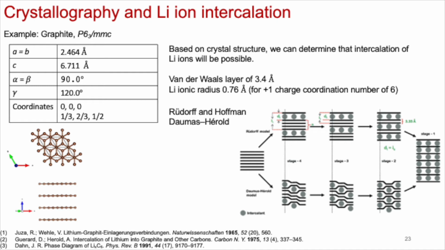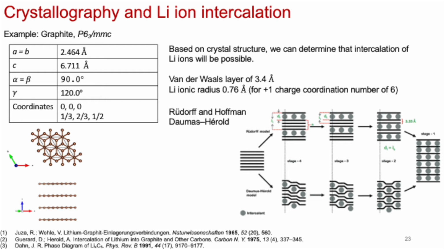But that's all to say, regardless of which model you follow, eventually you get to full insertion of LiC6, but along the way there are different stages. So there's a model that says, okay, well, the ions can intercalate and then they can order like so, right?